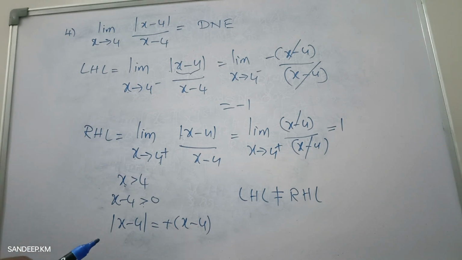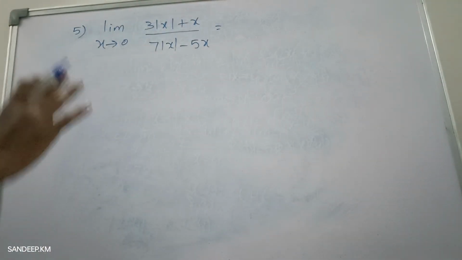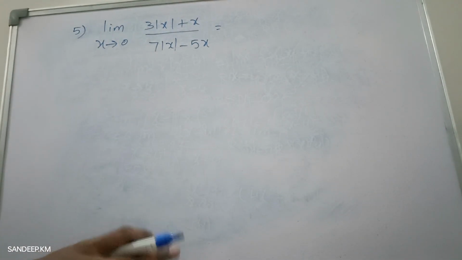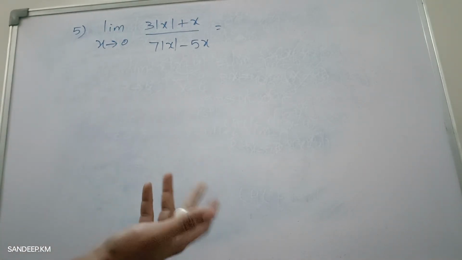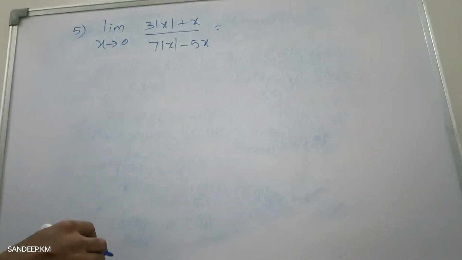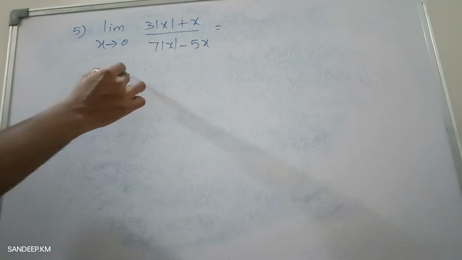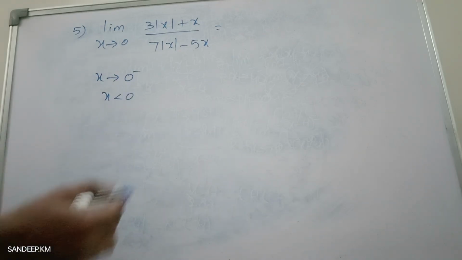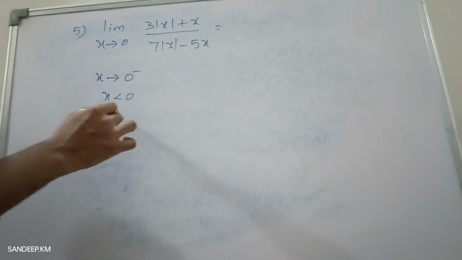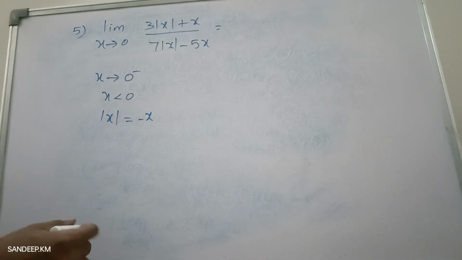But before going to the next example, I'll give you one question. You can try it. So here is a question that you can try. Okay now. So you can take LHL, you can find the answer, and you can take RHL and find the answer. But remember one thing, in LHL you will get x approaches 0 minus. It means x is less than 0. And when x is less than 0, you should understand that mod x is minus x.